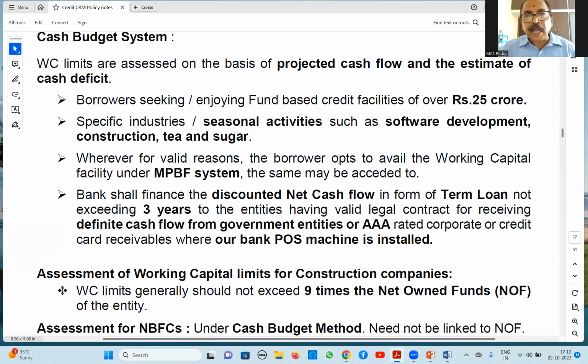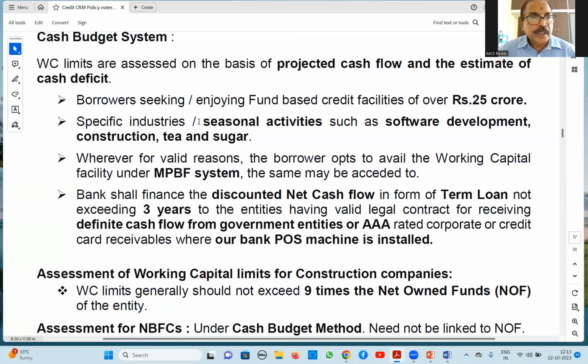Okay. Now it is applicability. Mostly in the cash budget system, they ask about applicability. Whom is it applicable to? Borrowers enjoying fund-based credit facilities of over 25 crores. This is one. Second one, specific industries like seasonal industries such as tea, sugar, software, and construction. These are all specific industries we call.